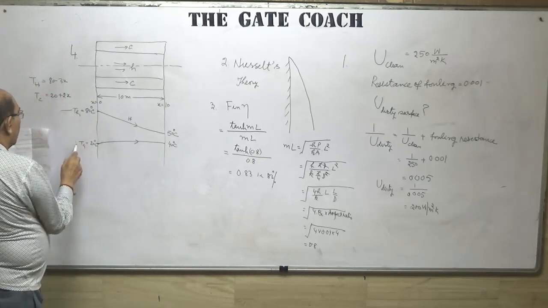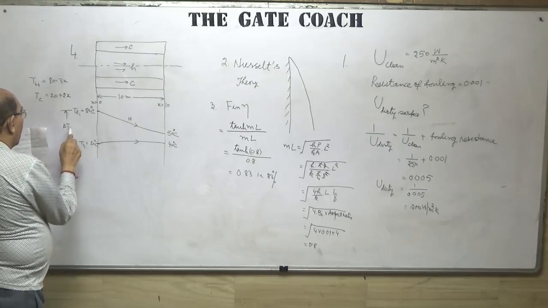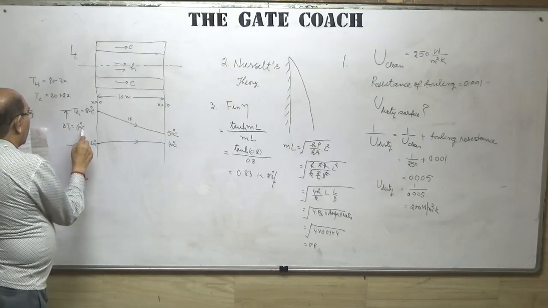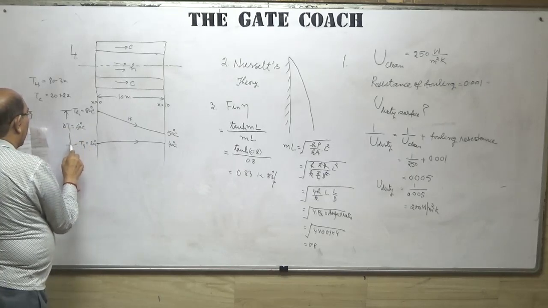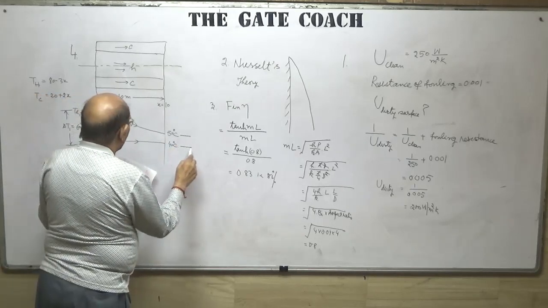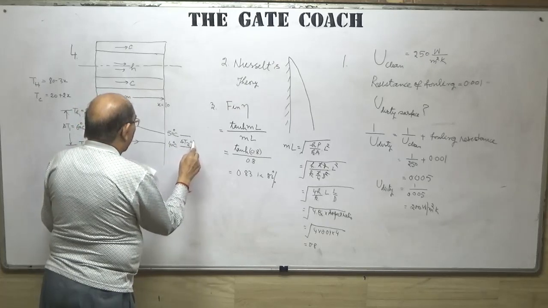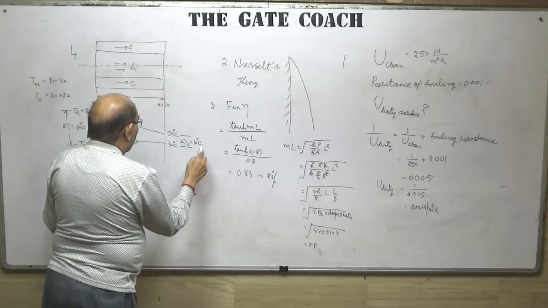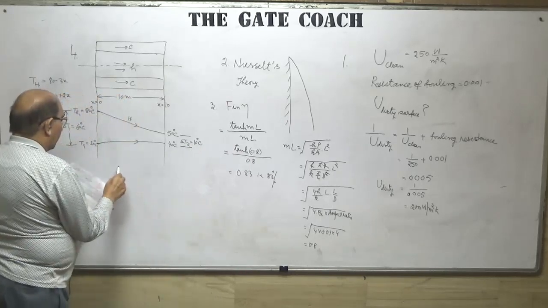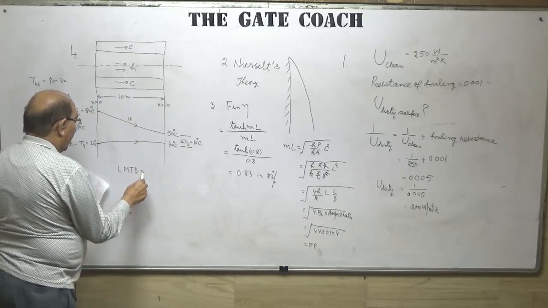Thus, delta T1 becomes 80 minus 20, 60 degrees centigrade. And delta T2 is 50 minus 40, 10 degrees centigrade, and we are required to determine the value of LMTD.